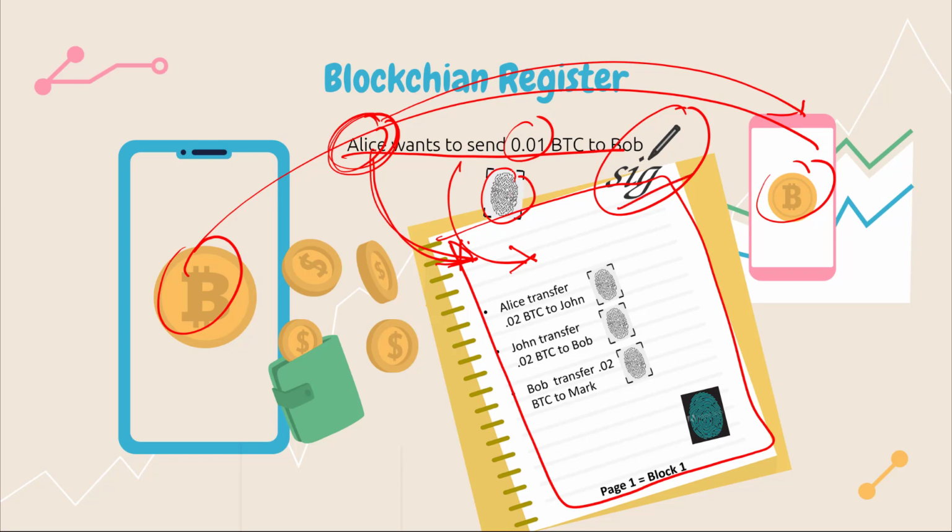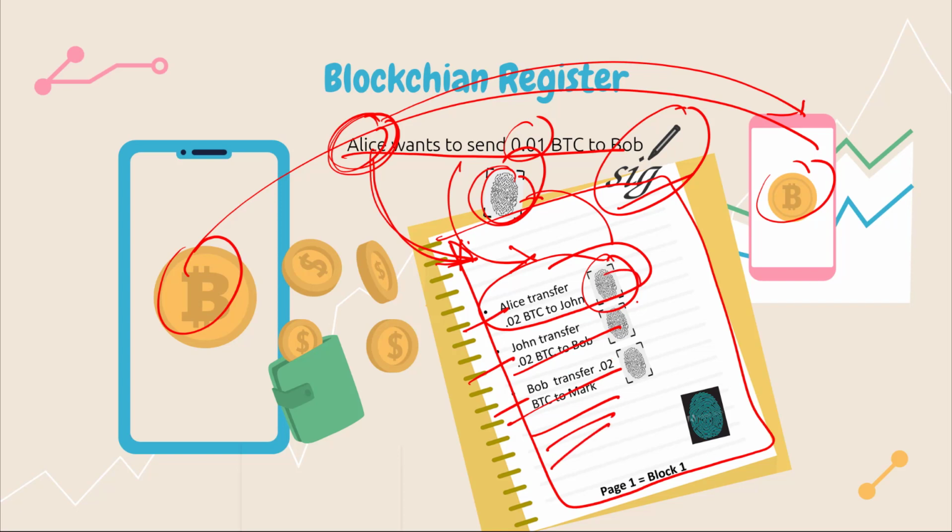Once it's been authorized, the transaction hash is calculated, and the transaction goes into the block. There will be many different transactions on the block, and each transaction is going to have its own hash. Once all the transactions have been written to the block, the hashes of all these different transactions are combined into the page hash, which is the hash of the complete block. And then this hash is also going to be added to the next block.